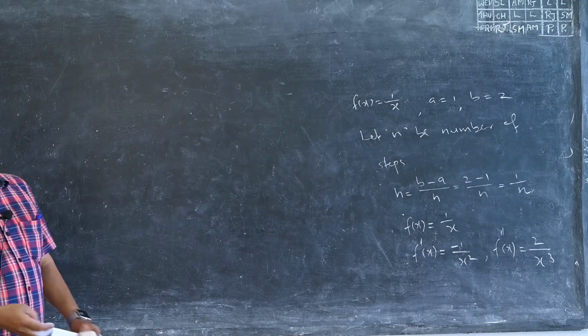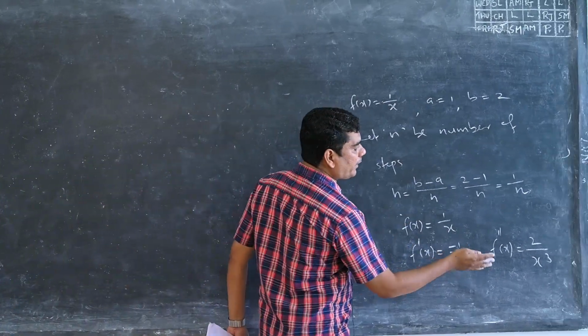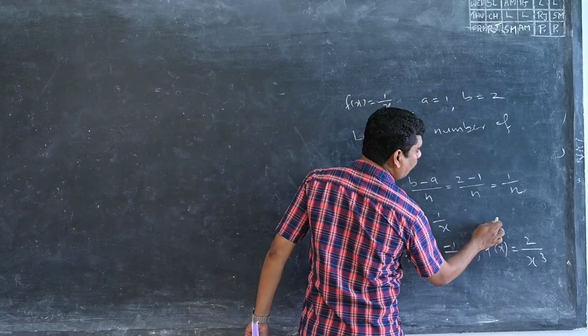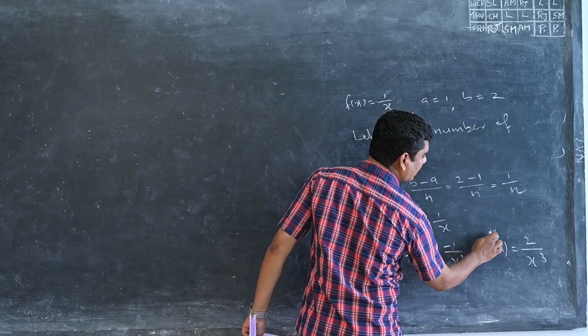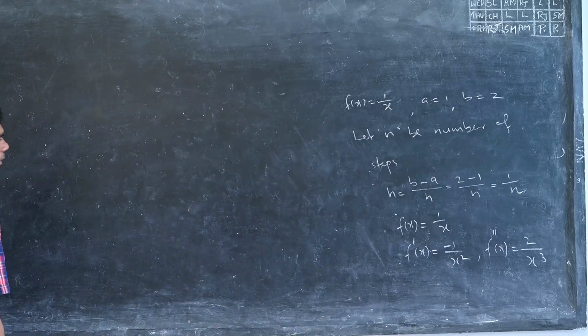First we want to find an upper bound M for mod f second derivative x on the interval 1 to 2.